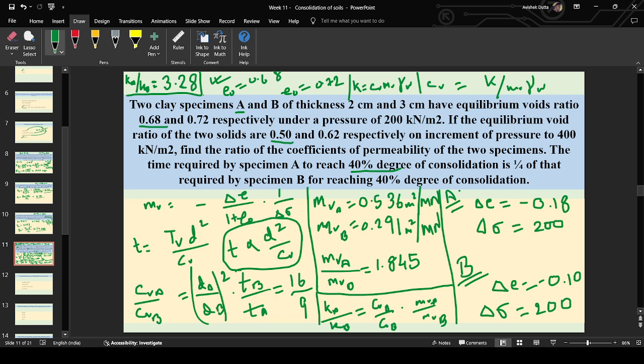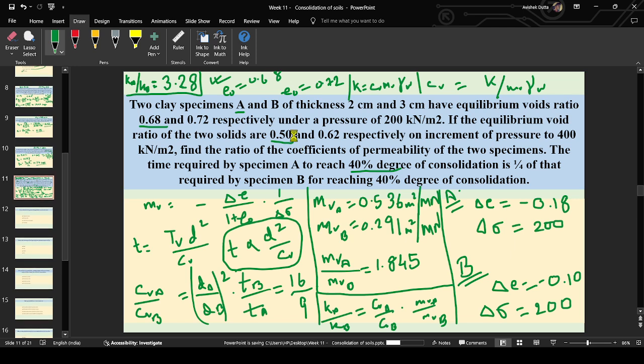Multiplying those two ratios, we get the ratio of the coefficient of permeability of the two specimens. Things to keep in mind: these are two different soils, so Cv will be different, but the same degree of consolidation, so the time factor will be the same.